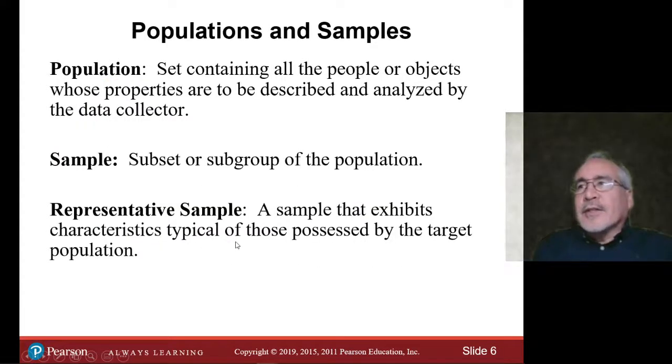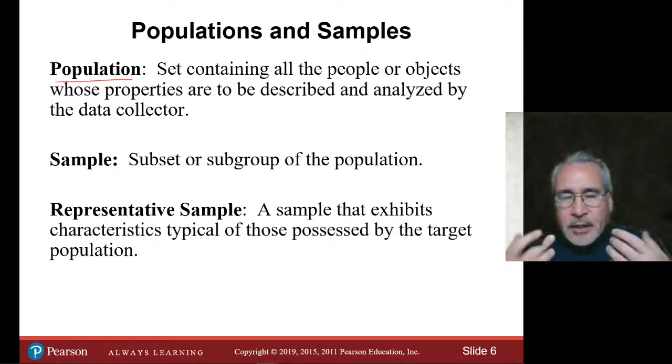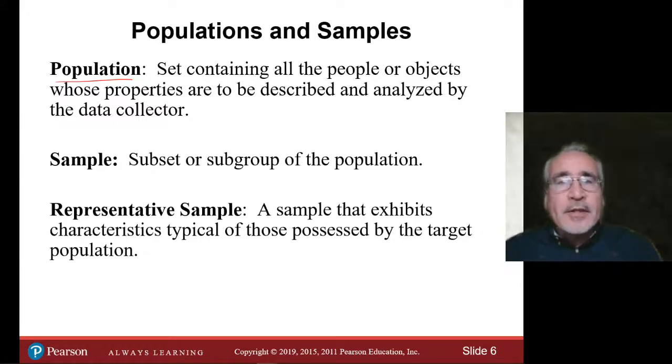Okay, so let's get down more definitions. What is a population? It's simply a set of people, places, objects, things that all have a similar property. Okay, so when you're collecting the data, you're collecting it on a population. Now, a population could be very specific. Mrs. Smith's fifth grade classroom.